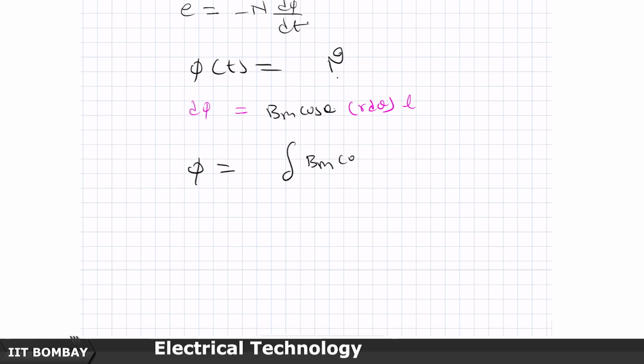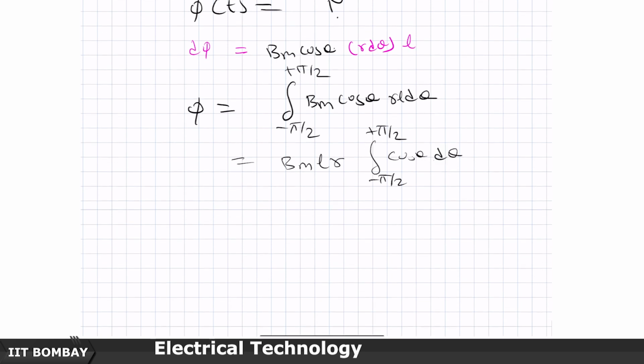So, if you want to see the flux which is enclosed at this point of time, then it is the integral of Bm cos of theta L r d theta, taken from minus pi by 2 to plus pi by 2, which is equal to Bm L r times the integral of cos of theta d theta from minus pi by 2 to plus pi by 2.